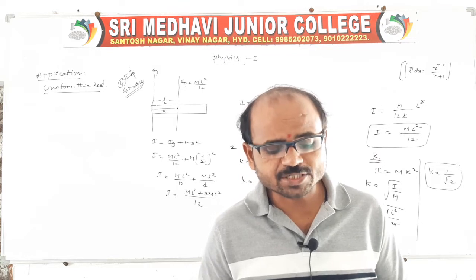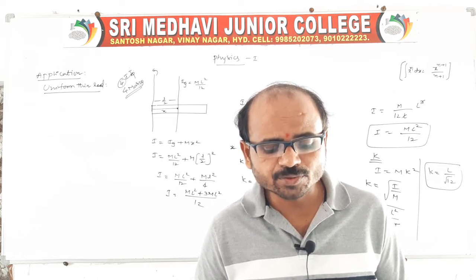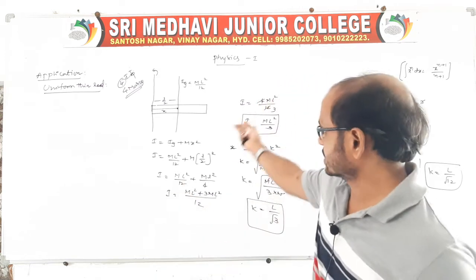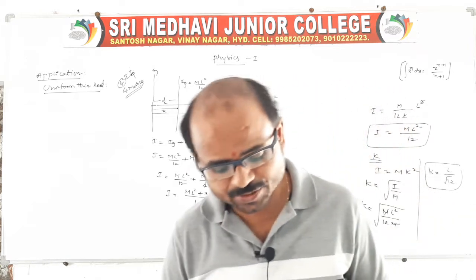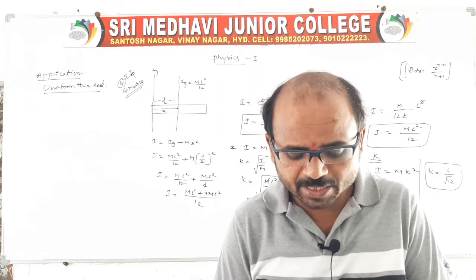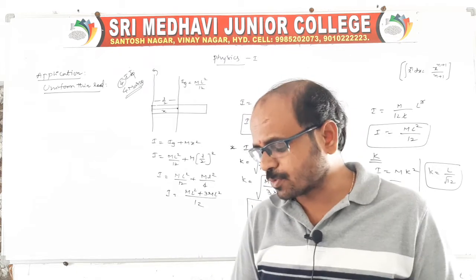What is the moment of inertia of a rod of mass m, length L, about an axis perpendicular through one end? So you refer to your material also, there is a proof there, or else you go through this proof also, no problem.